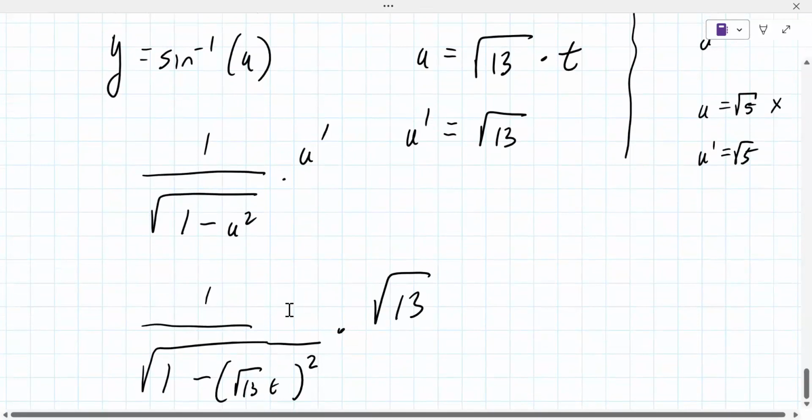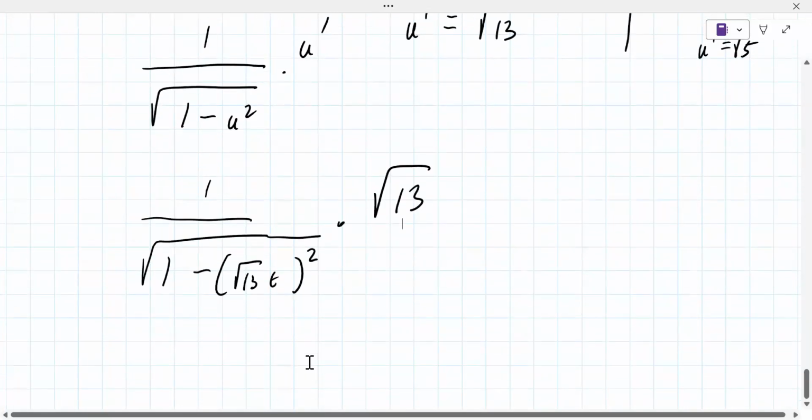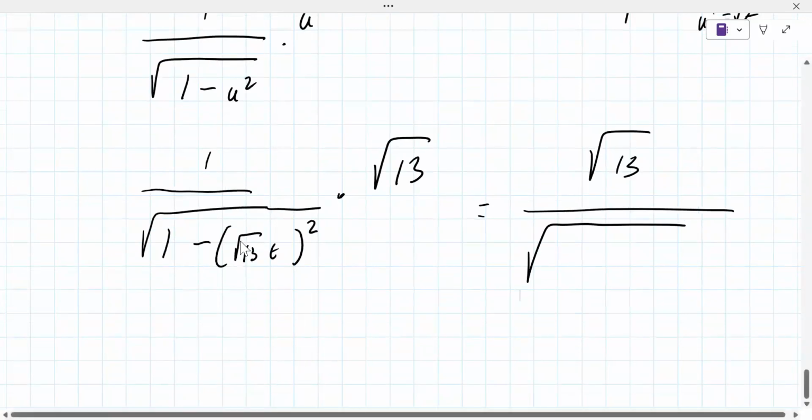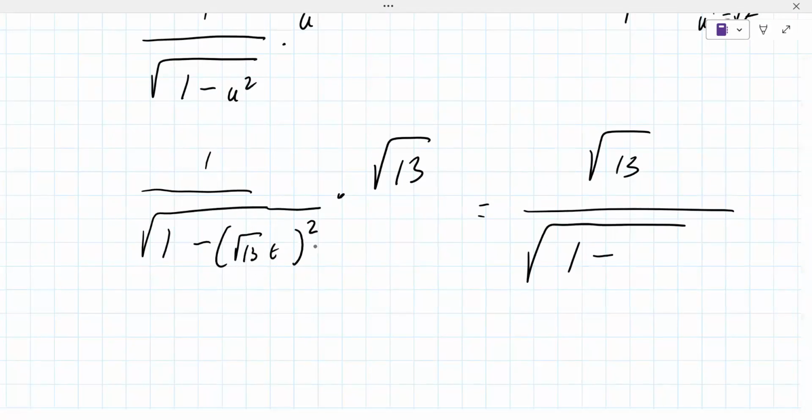Will they accept that? You said it was going to be multiple choice. They will be simplified if that is still the case. So it's the square root of 13 on top. In the bottom, when you square the square root of 13, it becomes just the number 13, and squaring t gives t squared. So that becomes 1 minus 13t squared, and this is how it would be presented in a multiple choice answer.